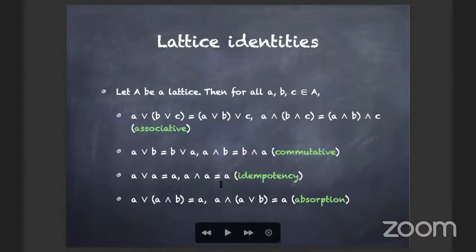Idempotency is quite obvious. Similarly for commutativity, the least upper bound of A, B is the same as the least upper bound of B, A, so there is no difference. That gives us commutativity.